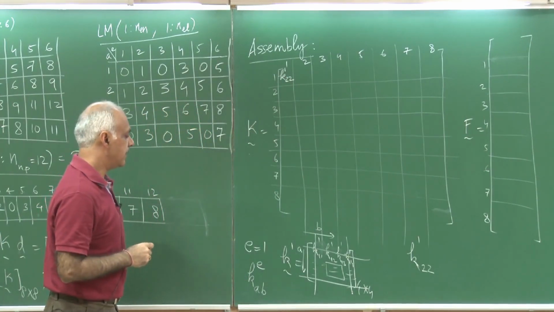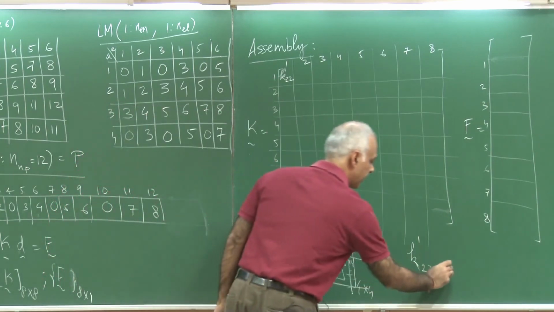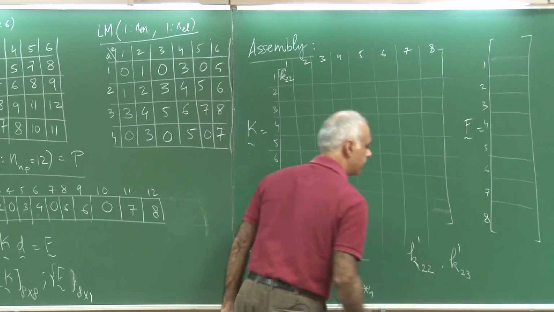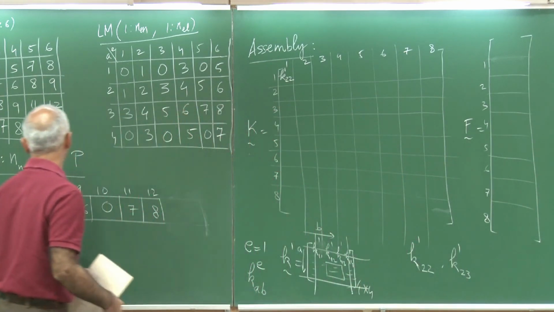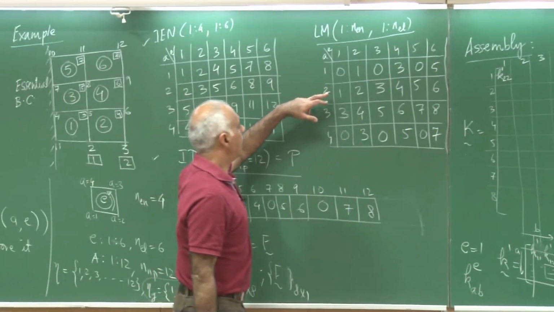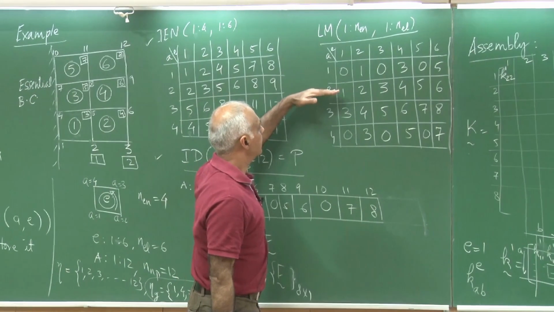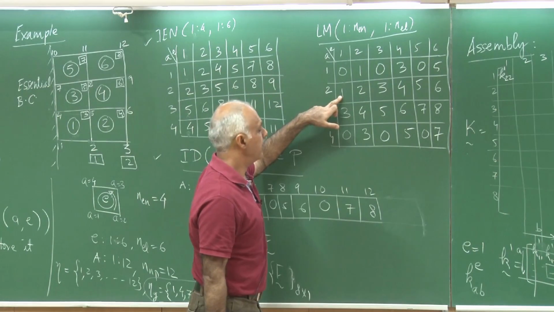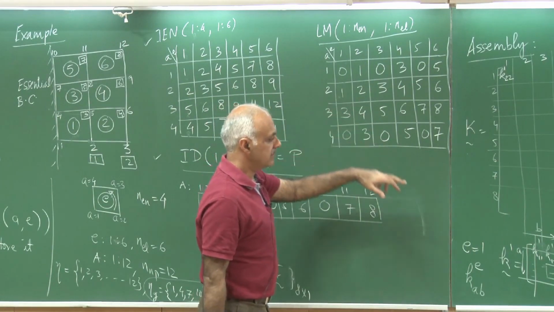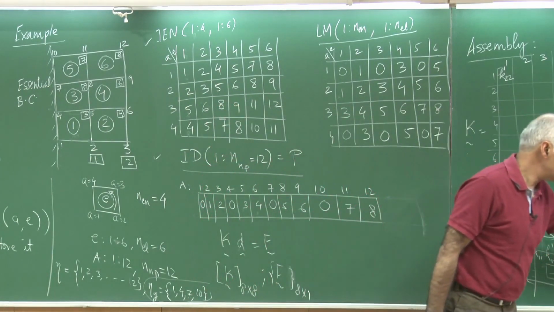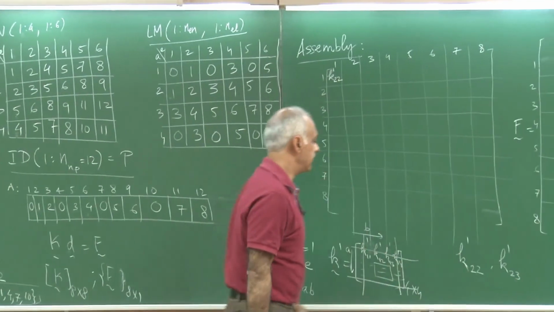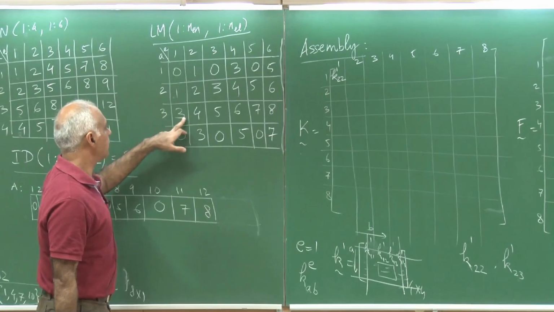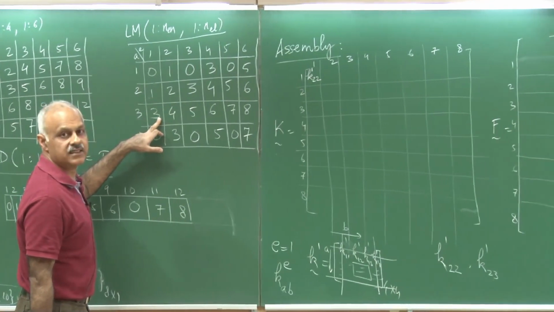Next, I could ask what happens to K23 from the first element. I am talking about the second row, which is the first equation, and then the next index is 3, which refers to the column, and A equal to 3 corresponds to this 3.